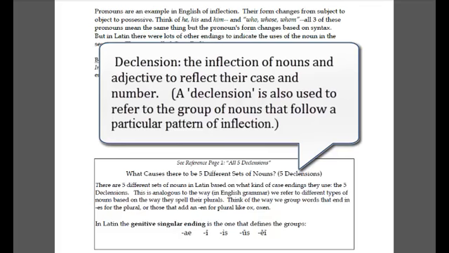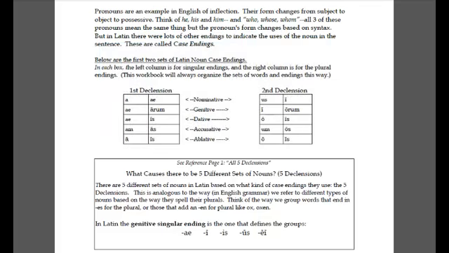This is analogous to the way in English grammar we refer to different types of nouns based on the way they spell their plurals. If you've studied old-fashioned English grammar, you might have studied different families of nouns based on how they form their plurals. Some that add an es, some that add just an s, others that add en, as ox.